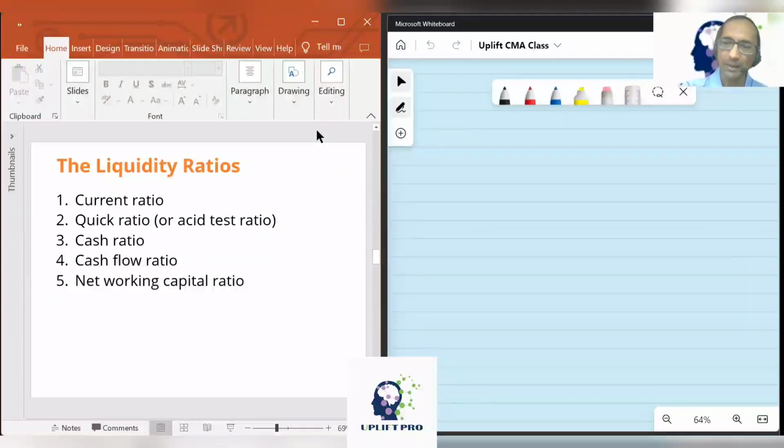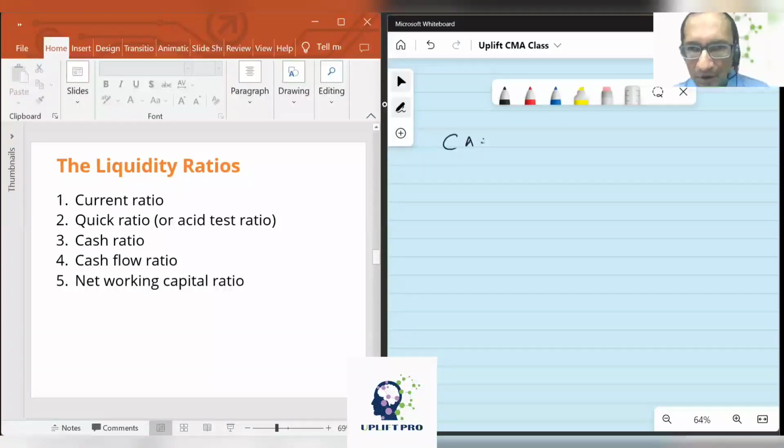To start with, I'm going to give you what is included in current assets, quick assets, and cash ratio. Current assets include your inventory plus your accounts receivable plus your cash and marketable securities.